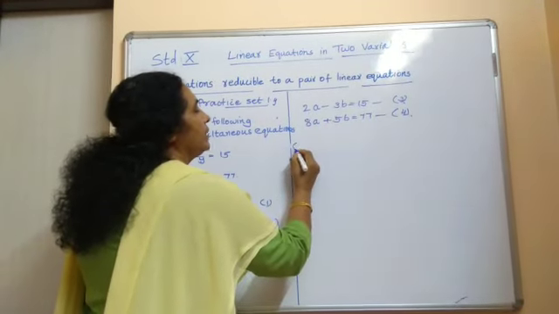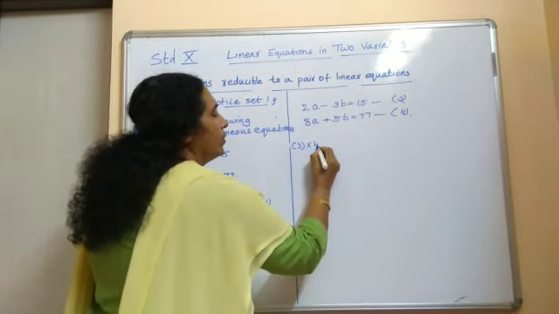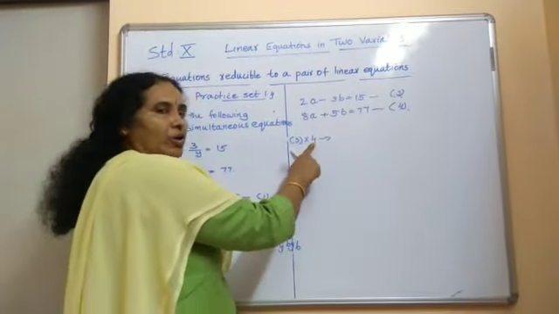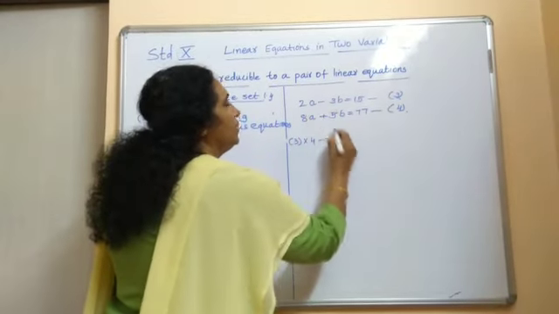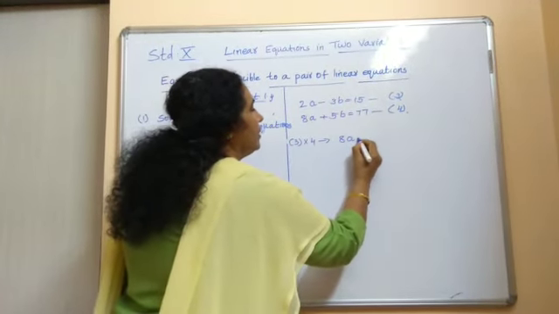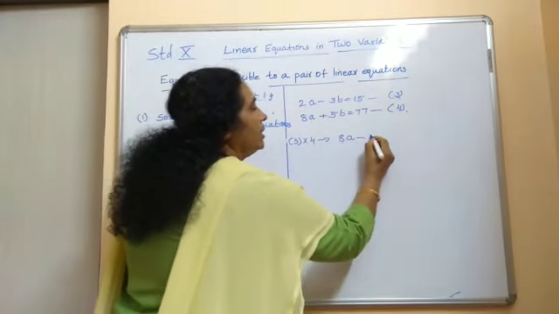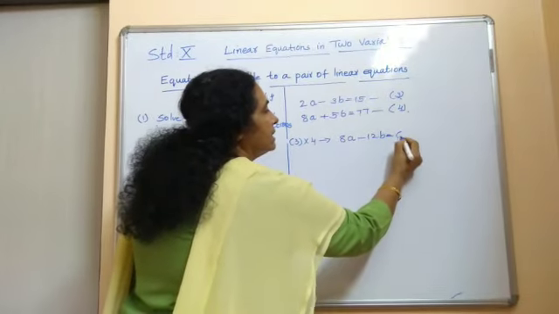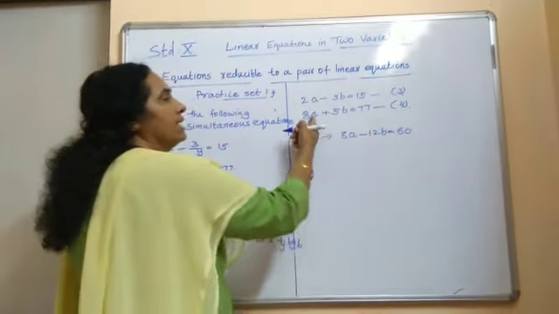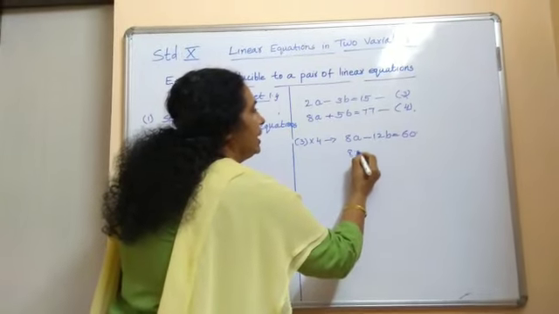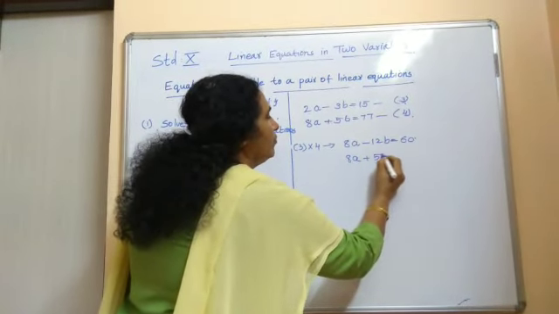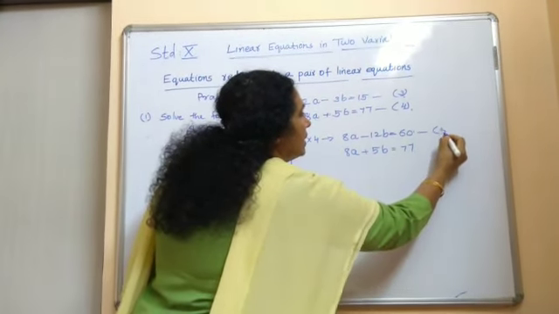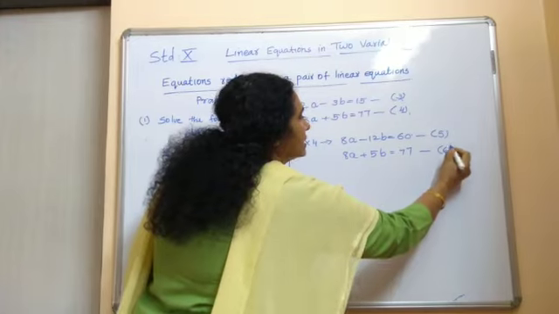Equation number 3 into 4 gives, multiplying each and every term by 4, 4 into 2a, that is 8a, minus 4 into 3b, 12b, is equal to 4 into 15, 60. And second equation as it is, 8a plus 5b is equal to 77. Let these equations be equation number 5 and 6.